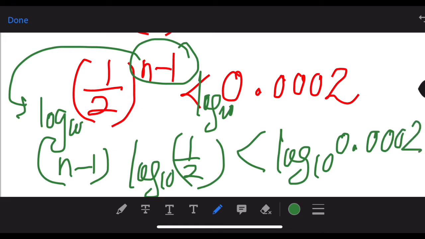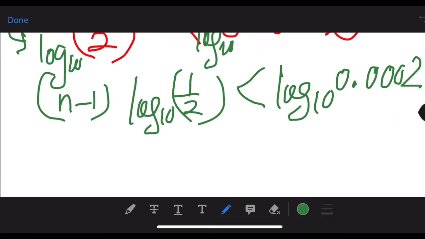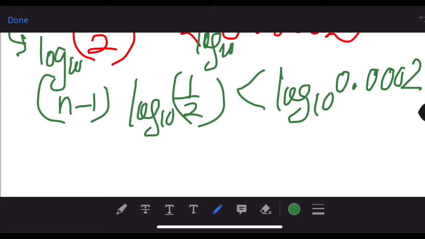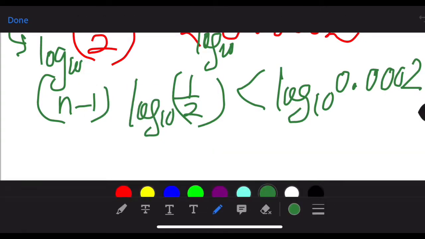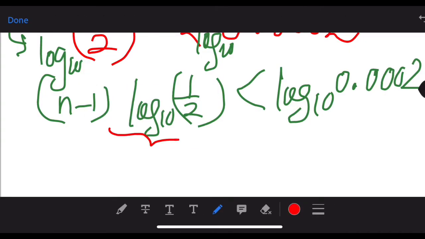Now you need to be very careful when you solve this, because when you take log of a number which is less than 1, a decimal number, it will produce an answer which is negative.